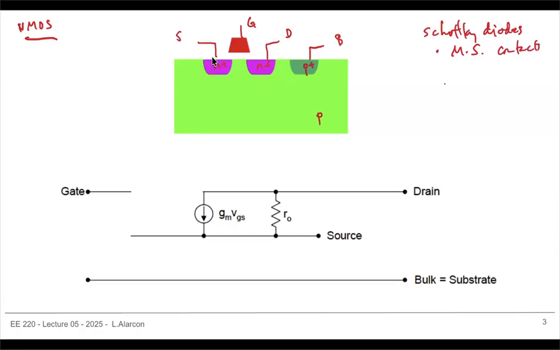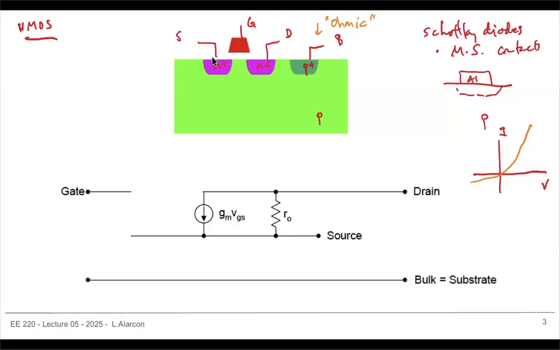What happens if you have, let's say, a metal like aluminum, and I connect it directly to a P-type substrate? Then you will get a depletion region in the P-type. And if I look at my V versus I, it's going to look like a diode. But in this particular instance, we don't want a Schottky diode. We want what we call an ohmic contact.